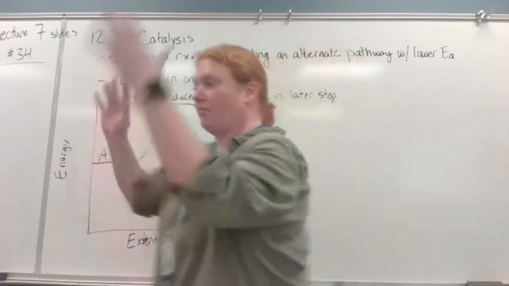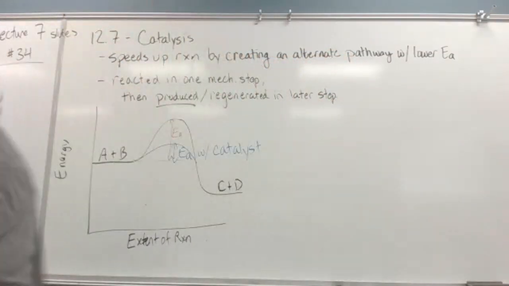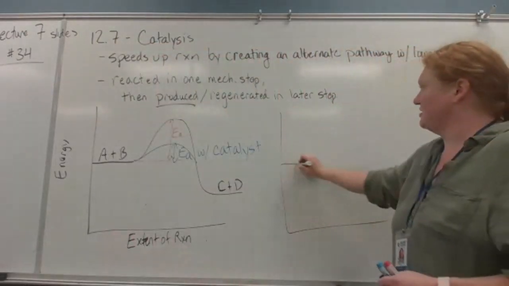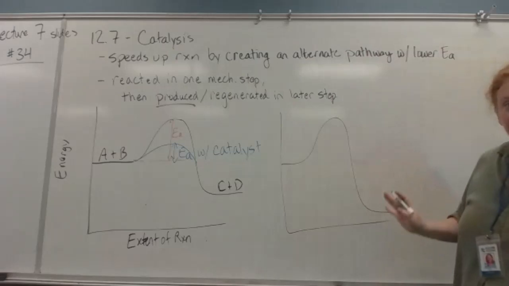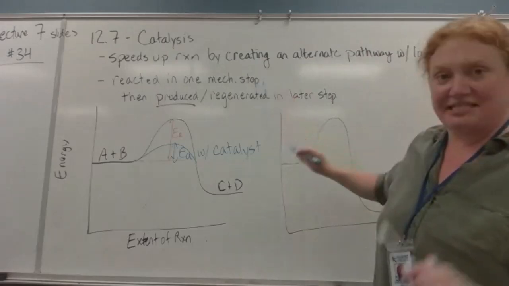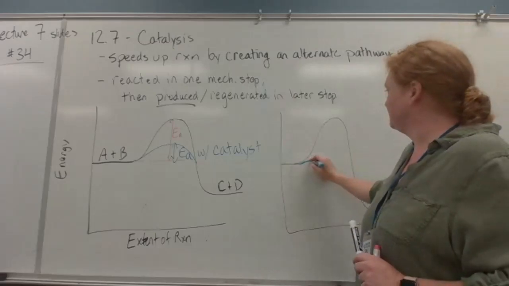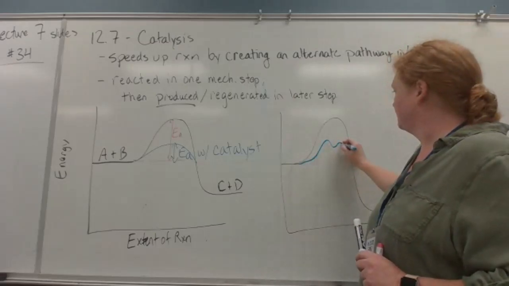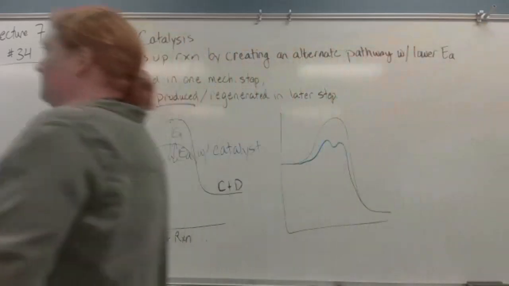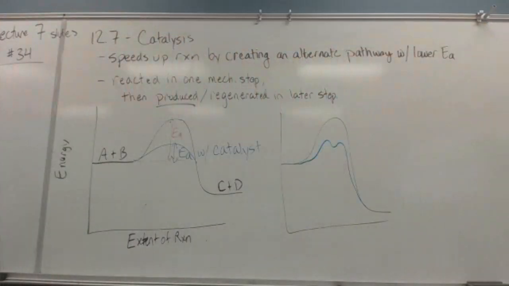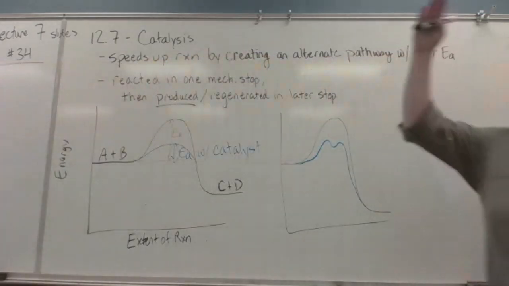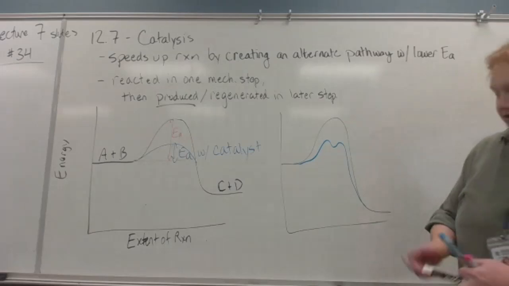What if I draw this? Okay, here's the reaction, right? And then I see this diagram. What's my new activation energy? Is it the first hill or the second hill? Whatever the highest hill is, that's the activation energy.